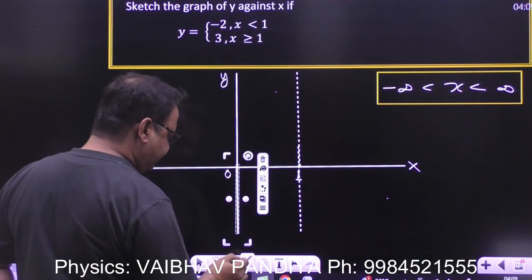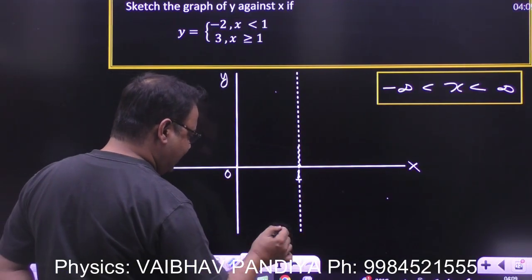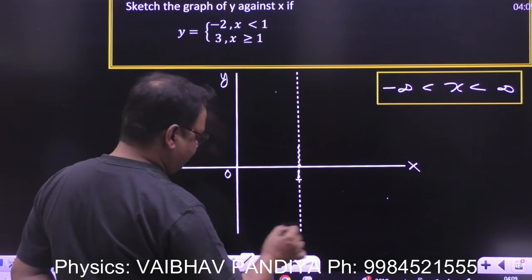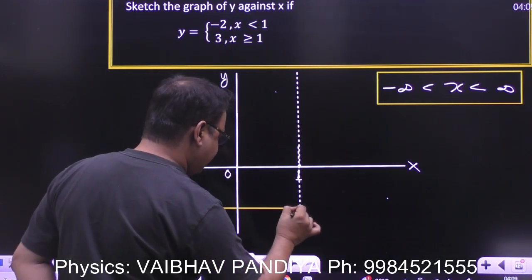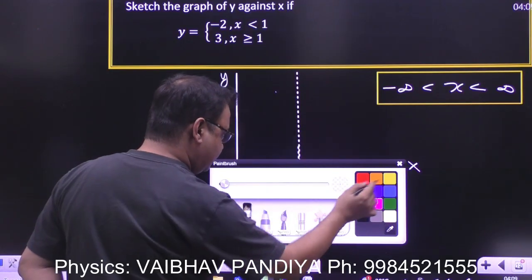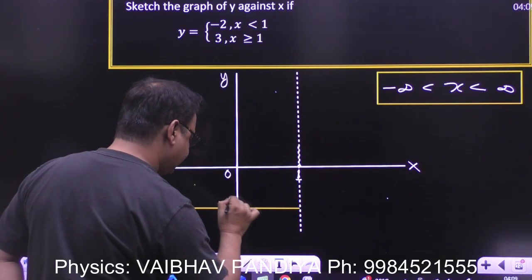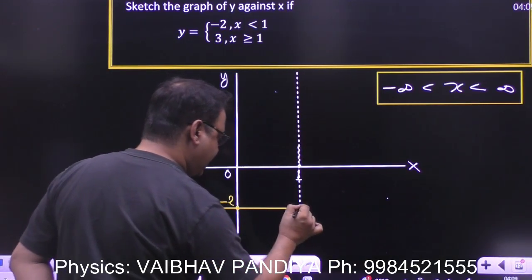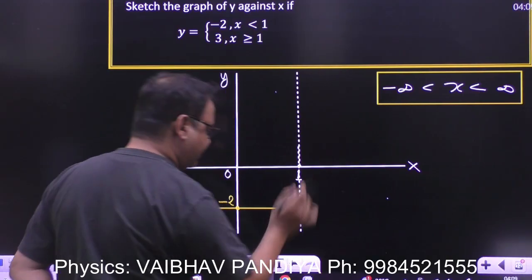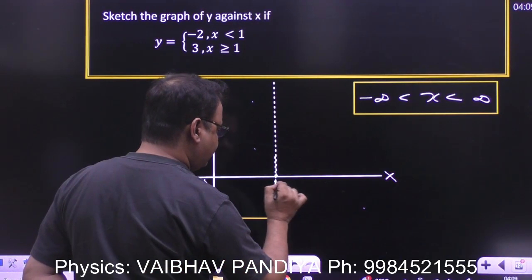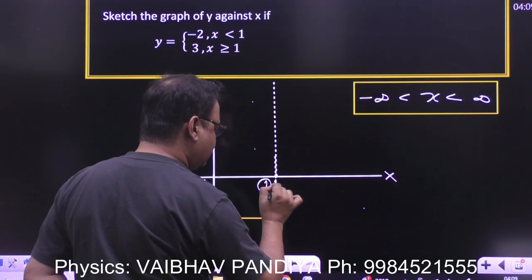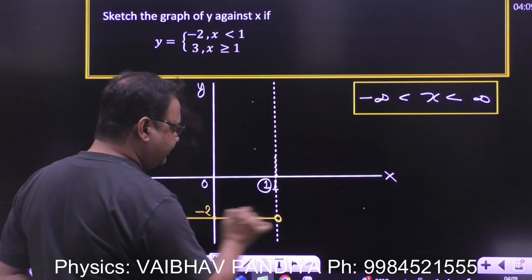So when x is less than 1, we have a value of y as minus 2, and 1 is not included. So I'm making a line through minus 2. This is a value of y as minus 2, and here I'm making a hollow circle. Why am I making a hollow circle? Because when x is equal to 1, this value is not included in this graph.